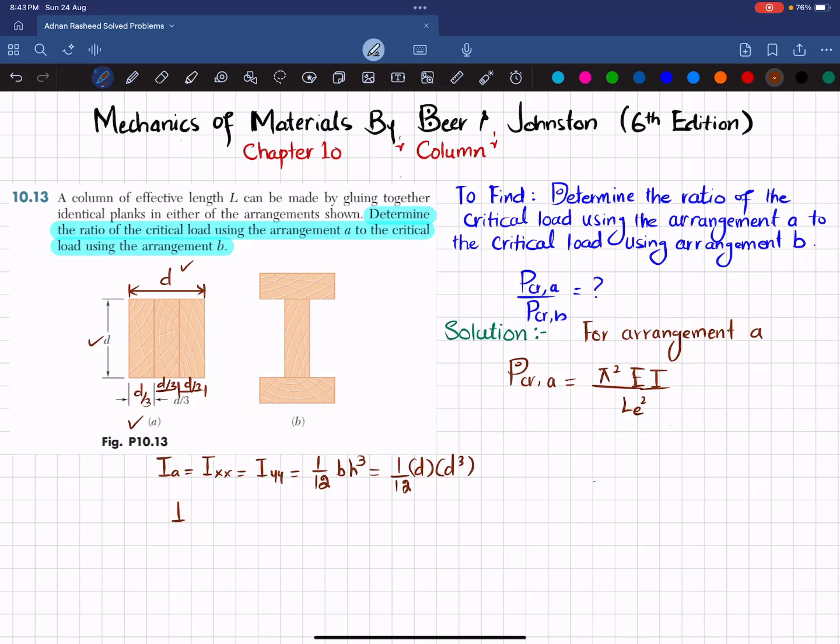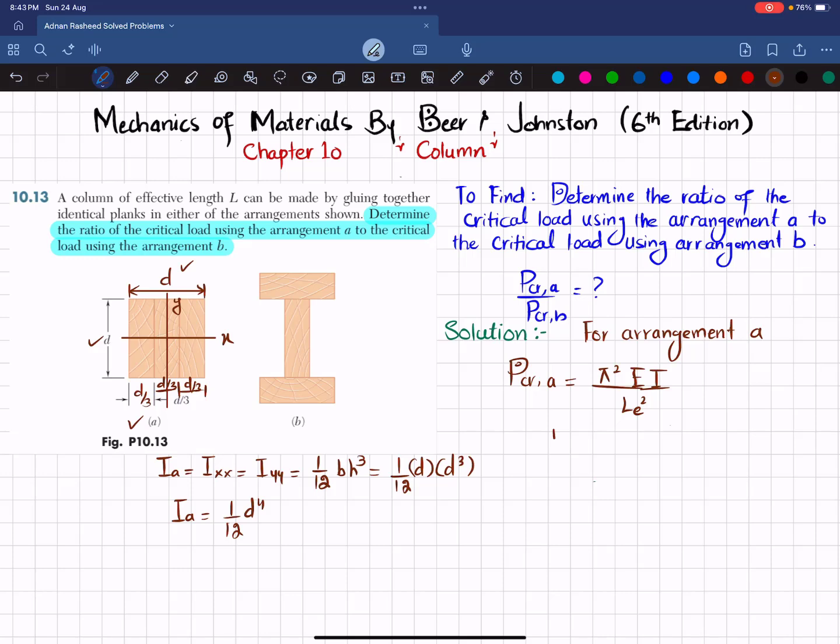So IA will be equal to 1 over 12 D power 4. If you take this as the horizontal axis, x-axis, and this as the vertical axis, y-axis, then Ixx is equal to Iyy, which is the moment of inertia of this section. Now the effective length will be L.